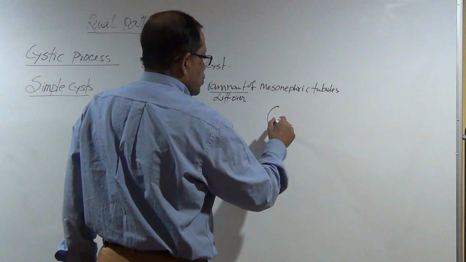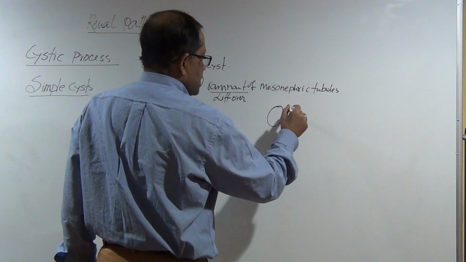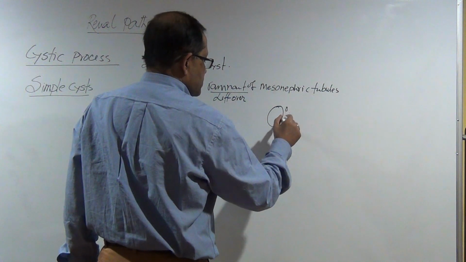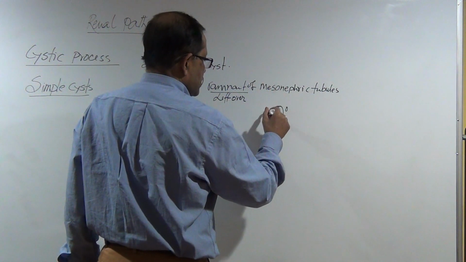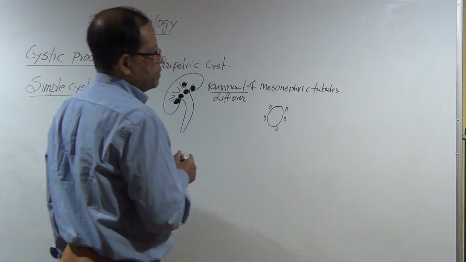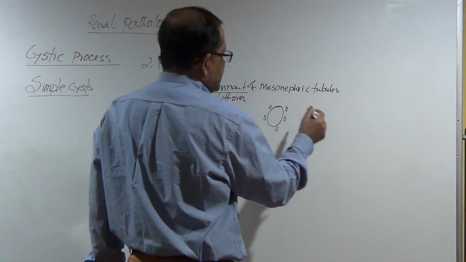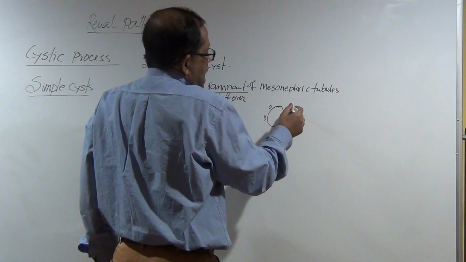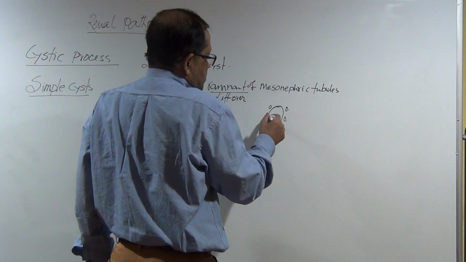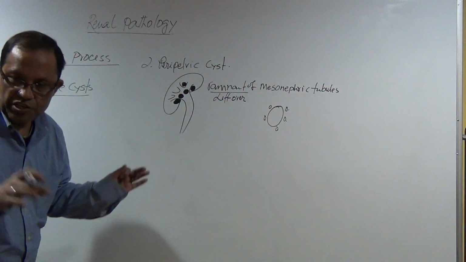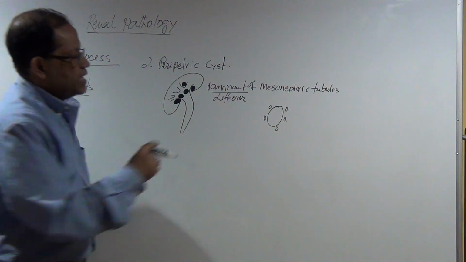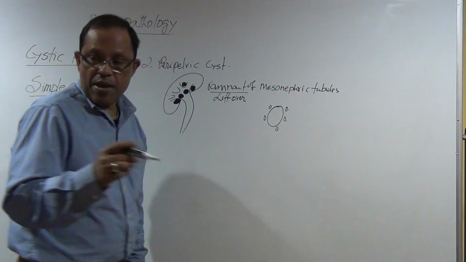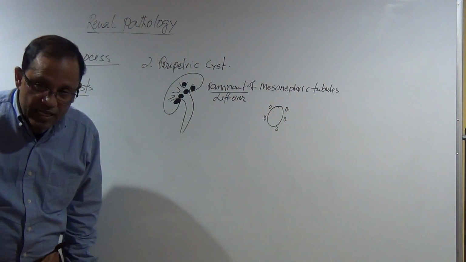If the kidney is growing here, the mesonephric tubules can be over there. And the kidney is growing by its own, and this mesonephric tubule is supposed to vanish. But it did not. Same as the para-ovarian cyst.